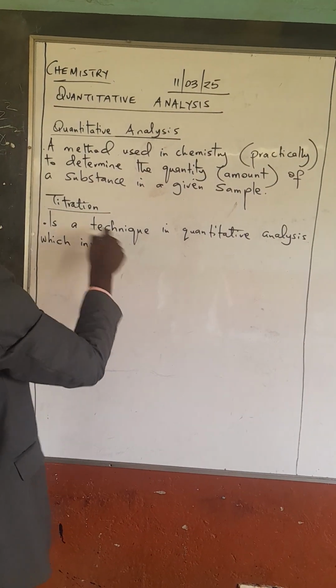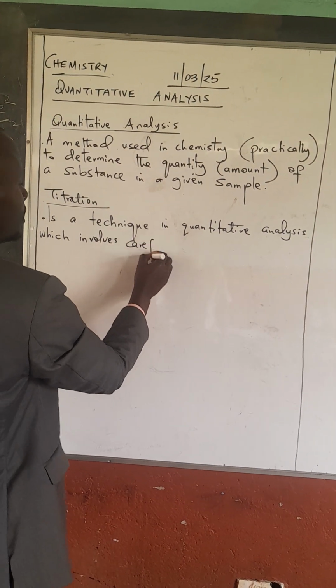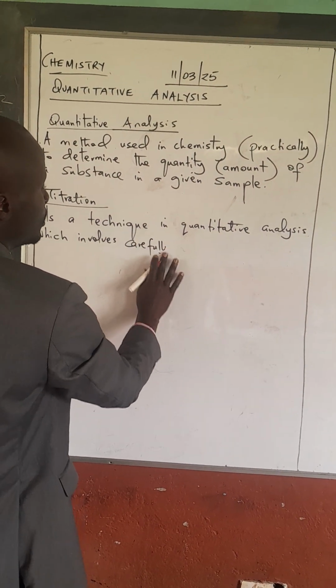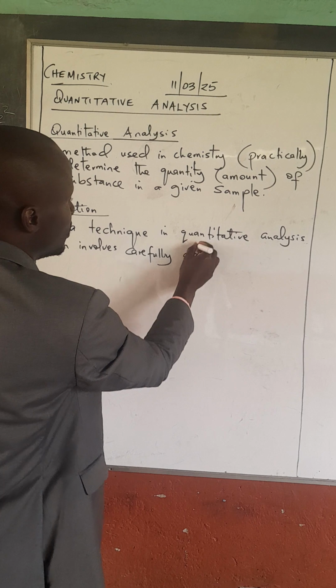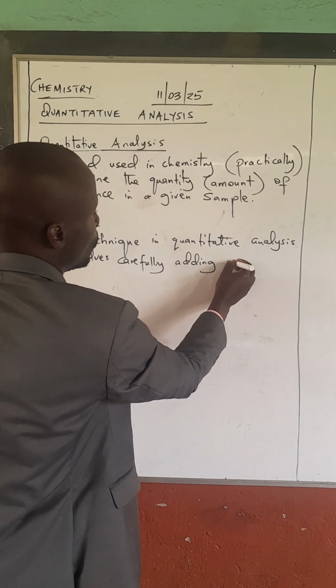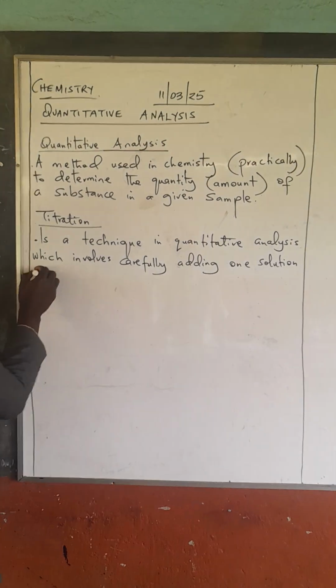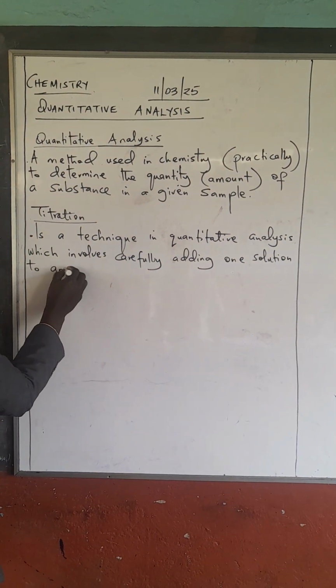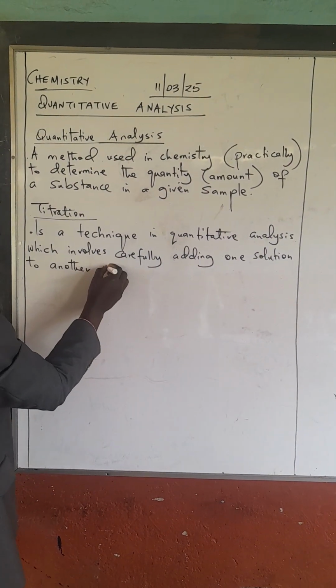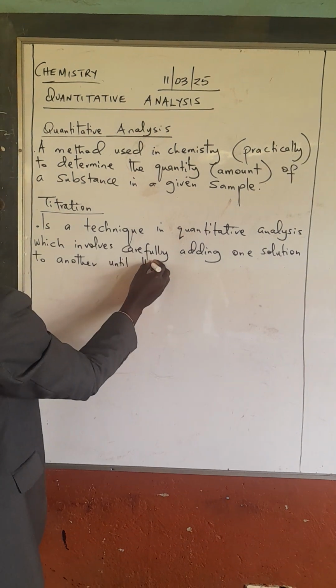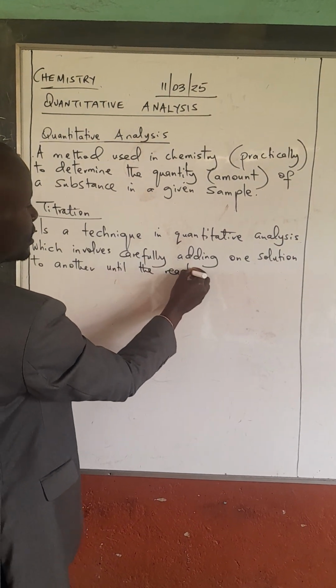So titration involves carefully adding one solution or substance to another until the reaction between them is just complete.